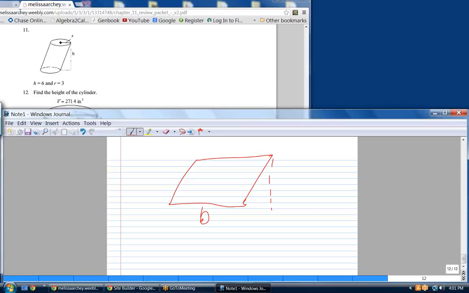Because I'm not 1,000% sure that it's the vertical height. It could be the slant height, which would make more sense that they would give us the problem. My geometry book does not have Cavalieri.